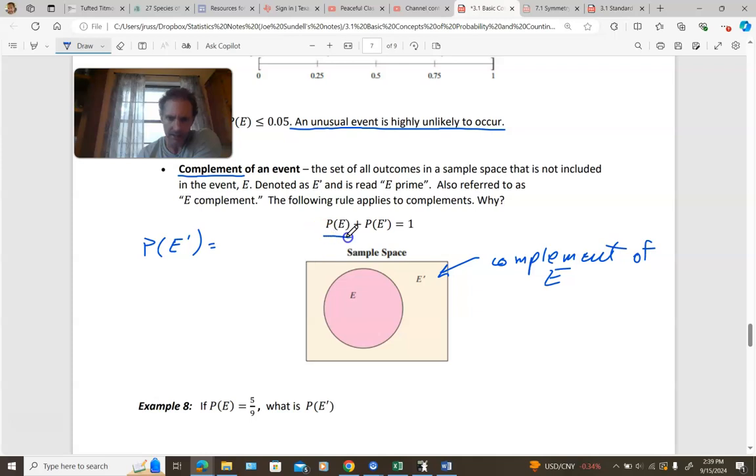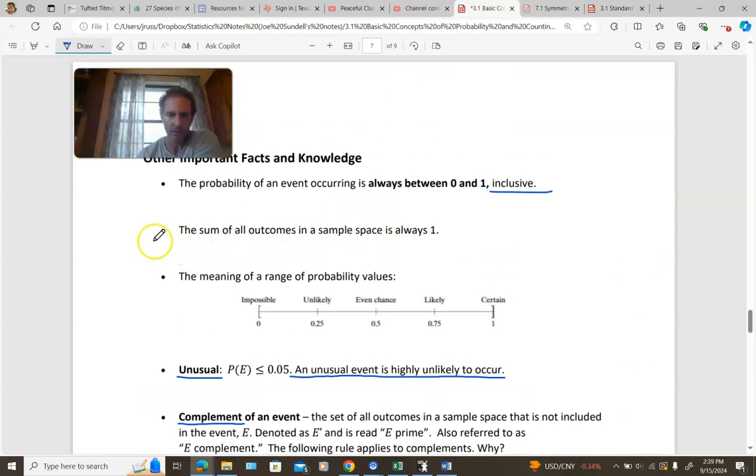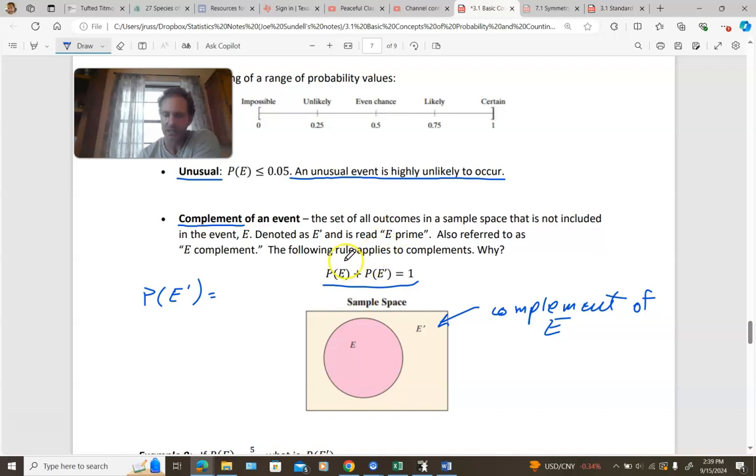And then this rule right here goes back to this bullet point, that the sum of all outcomes in the sample space has to be 1. Well, then it stands to reason that the probability that the event will occur plus the probability that it does not occur should be equal to 1. So let me give you an example. The probability that it rains tomorrow is 20%.